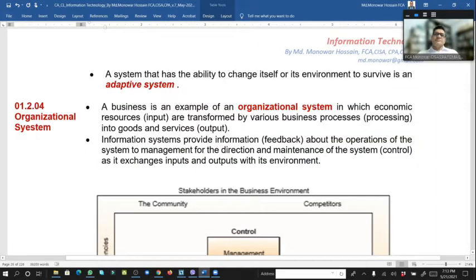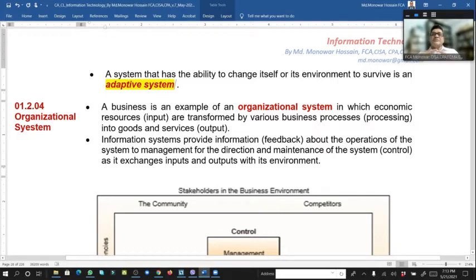A system that has the ability to change its shell or its environment to survive is an adapted system. So here is another system, its name is adapted system. So what is an adapted system?